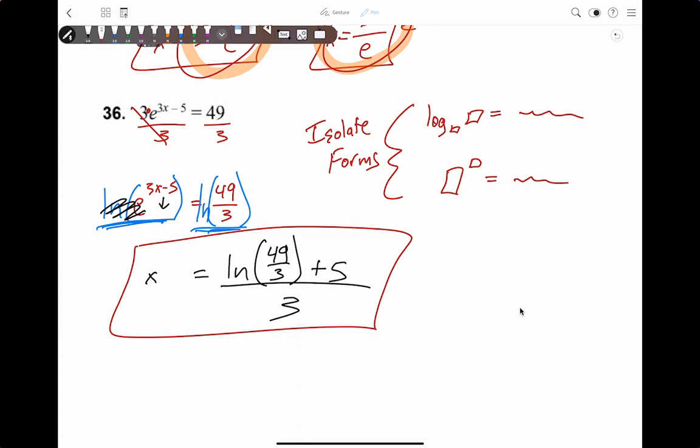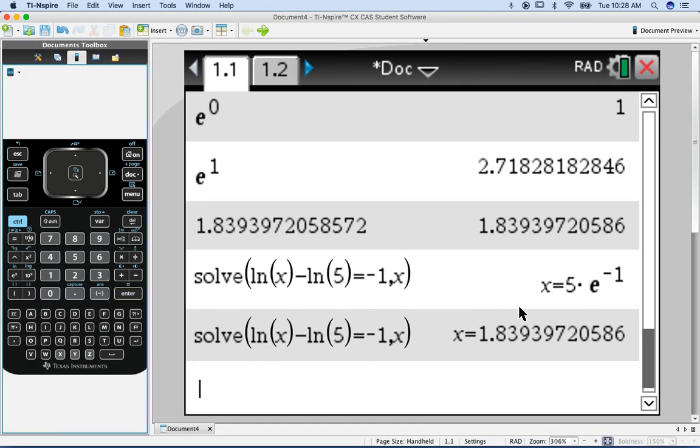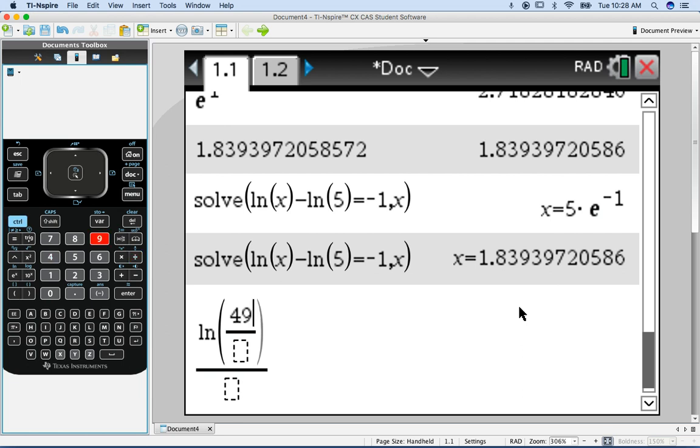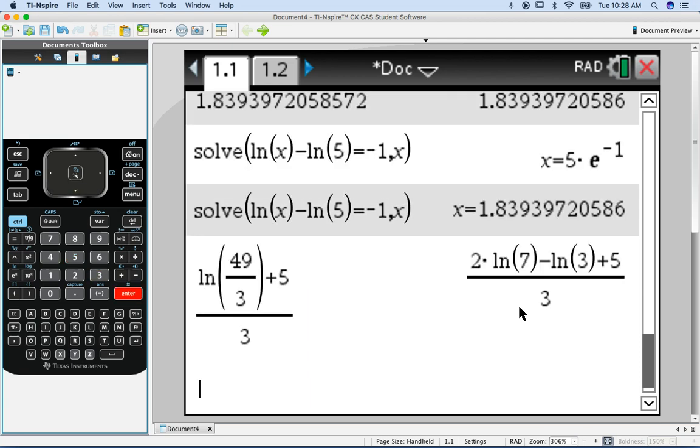Okay, so now if you are asked to put it in decimal form, we're definitely going to need a calculator on this one. So we're going to go to the calculator and put in big fraction the natural log of 49 over 3. We'll close and add 5 to the numerator over 3. This is my answer. And it kind of rewrites it.